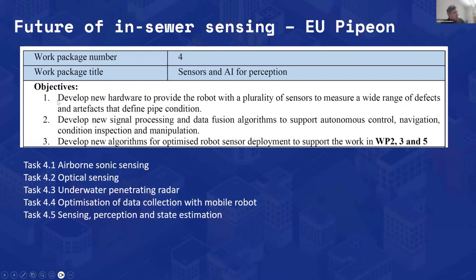The objective of the work package we're involved in is to develop new hardware to provide the robot with a plurality of senses, not just sound, not just visual, but other things such as underwater penetrating radar when the pipe is flooded, and optical sensing. And this can be used not only for detection of the artifacts, but also for mapping and navigation.